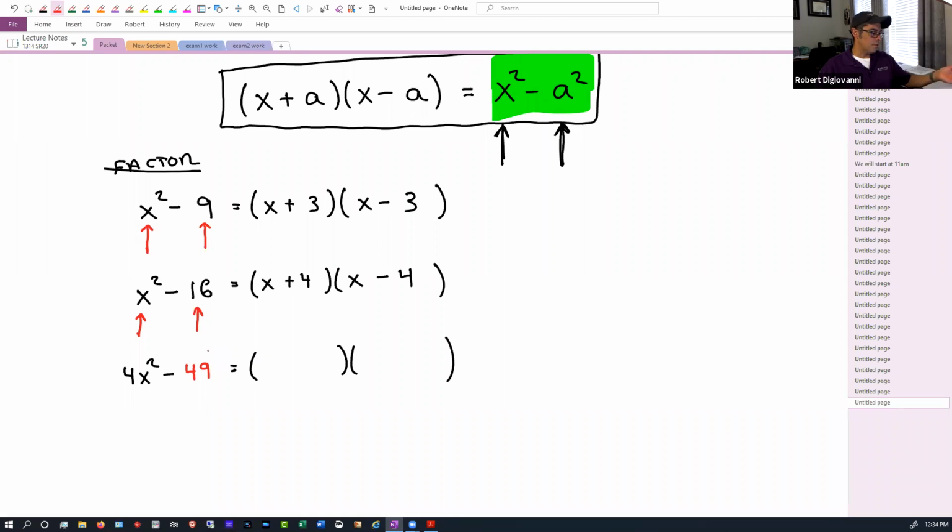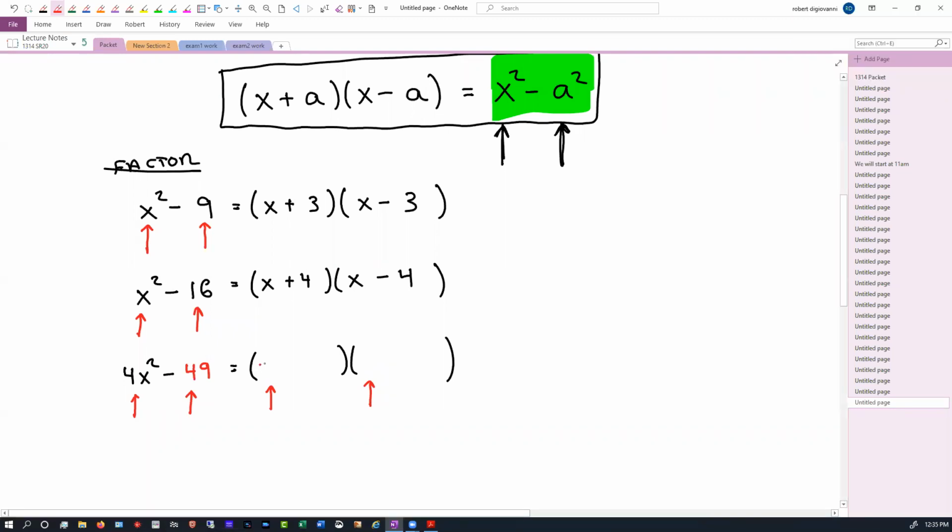We have 2 terms, so we're asking ourselves, is that something squared and is that something squared? Now be careful here, because we have 4x squared in the front, not just x squared. So what would go into the front of these parentheses? It's not just x. 2x. 2x, good. It would have to be 2x.